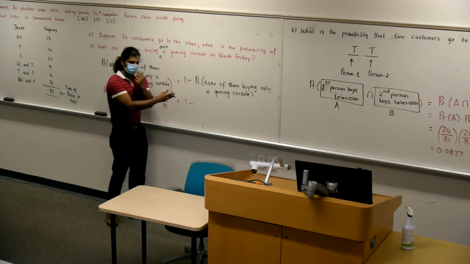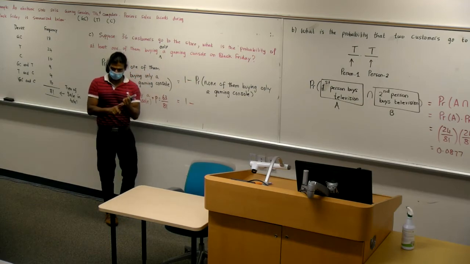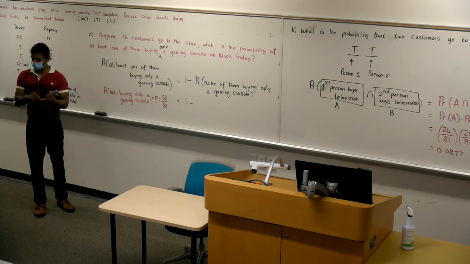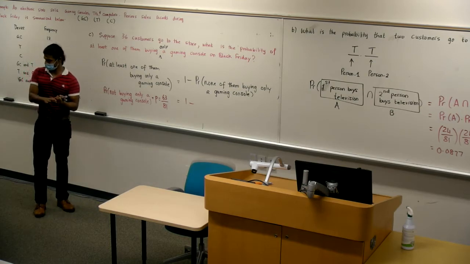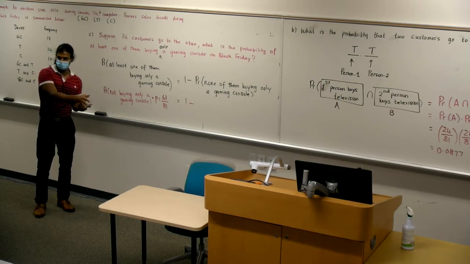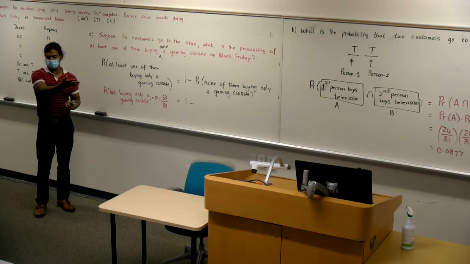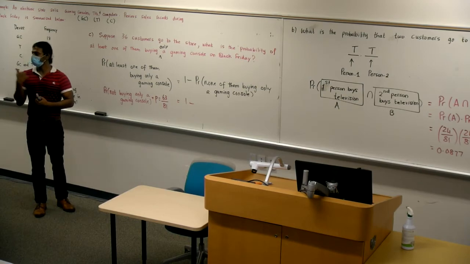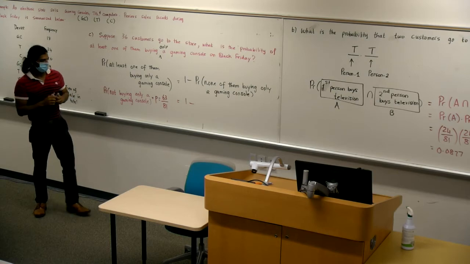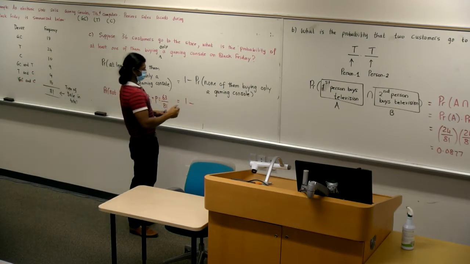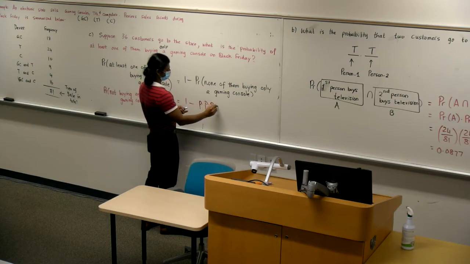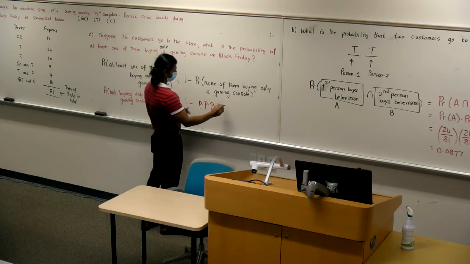So this would simply mean that the first person didn't buy only a gaming console, and the second didn't, and the third, and the fourth, and the fifth, and all the way up to 30. And all of those events are independent of each other, right? So I can simply keep on multiplying P times P times P. How many times? 30 times.